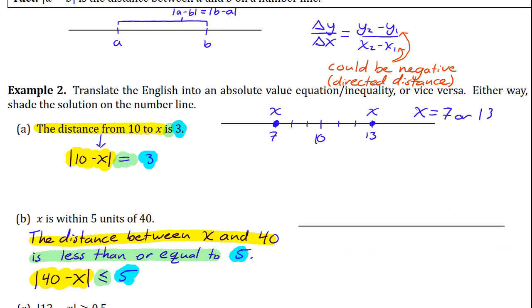Well, we're going to have 40 over here, and we can go 5 to the right up to 45, or 5 to the left down to 35. But that's as far as you can go. You can also go less than that distance. So including those, x could be anywhere in here.